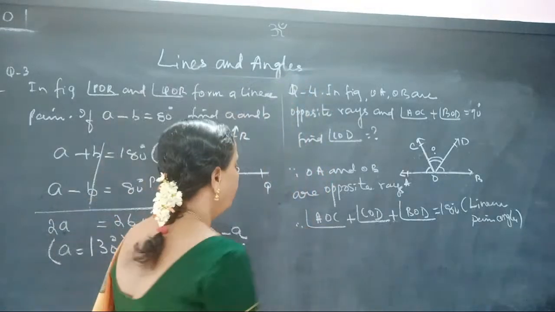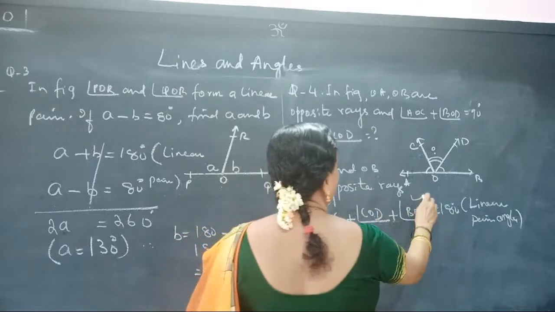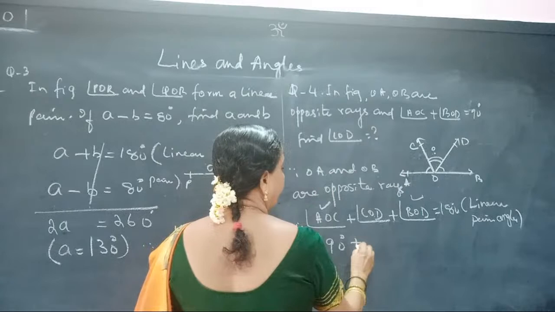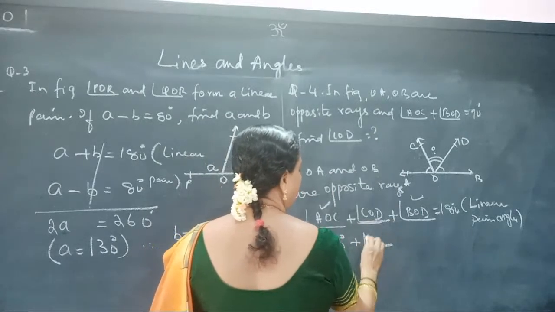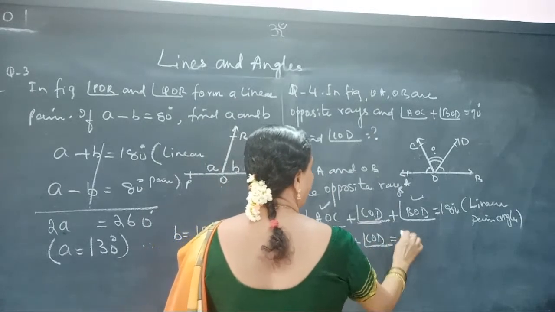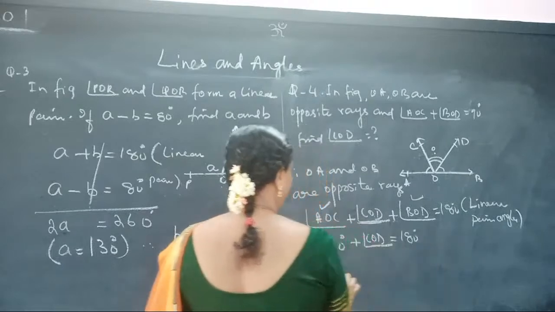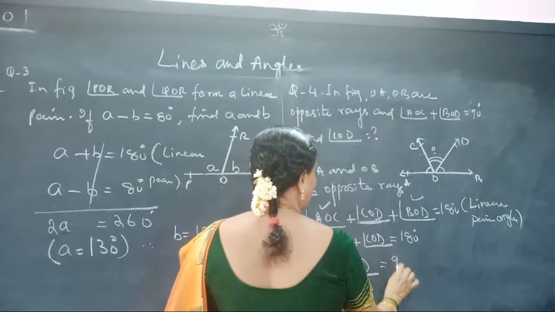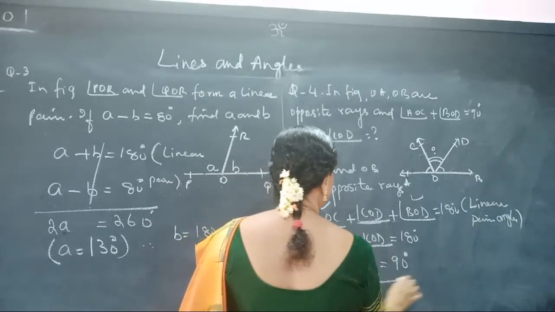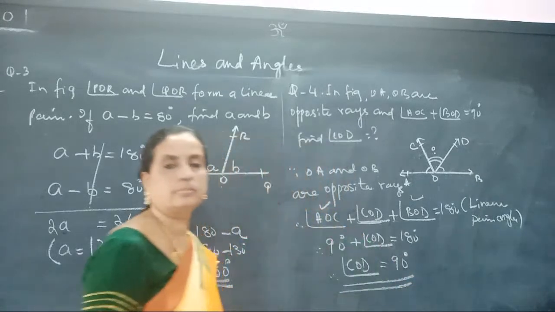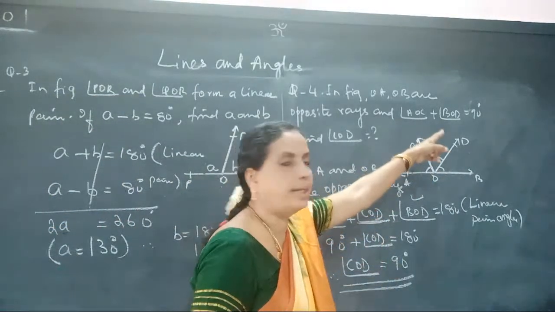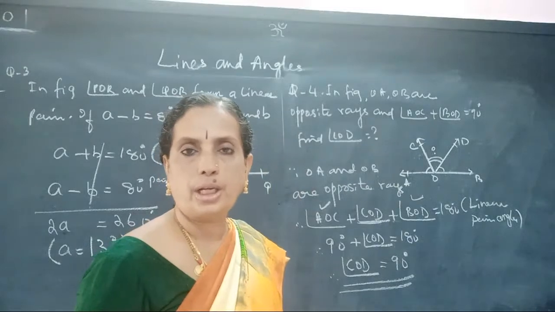So now we know the sum of AOC plus BOD is 90 degrees, leaving those two, this is the left angle, equals 180 degrees. Therefore, angle COD equals 90 degrees. The sum of the extreme angles is given in the question.